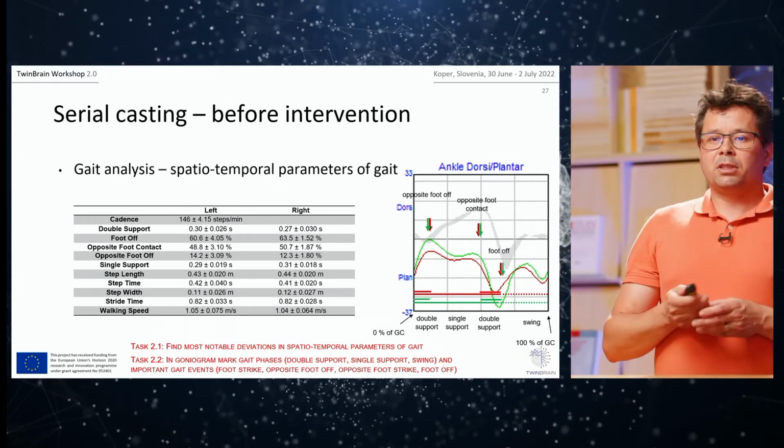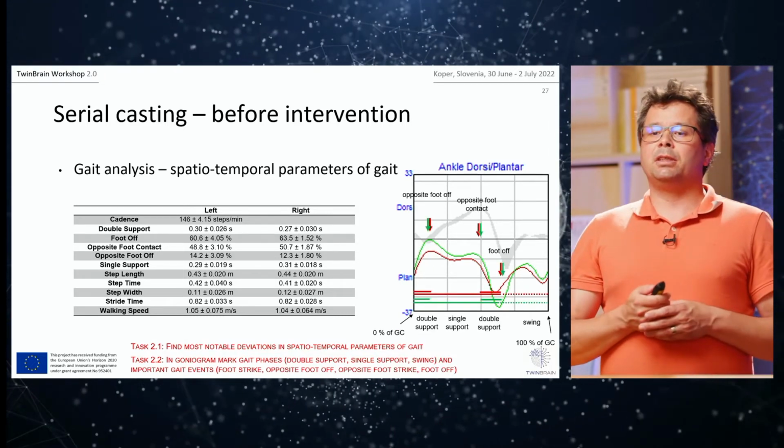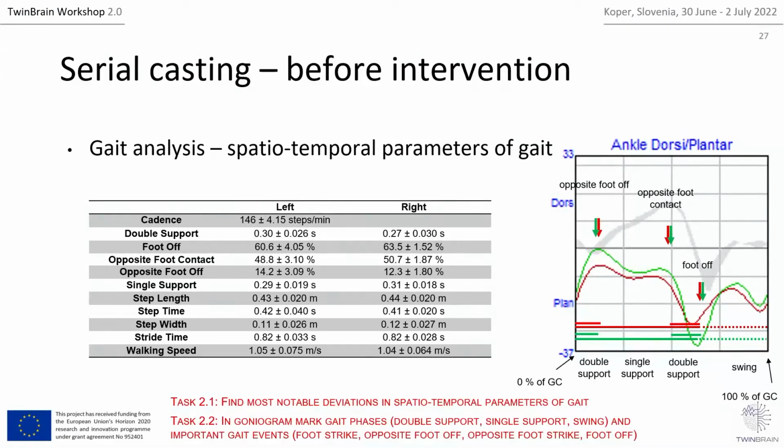So as far as the numbers in this table go, we see that the differences between the left and the right side are not very big. So it's almost the same. And if we put these numbers into the graph on the right, what we notice is that all these events are quite aligned between the left and the right side. The first double support is somewhat shorter on the right side, but not much.